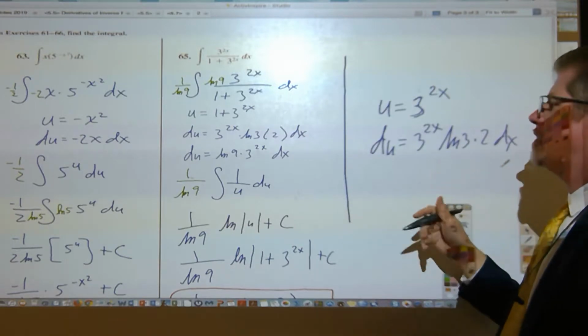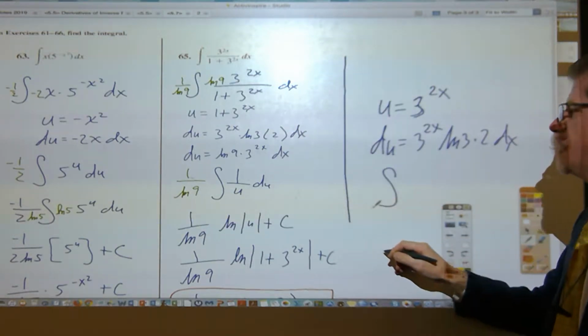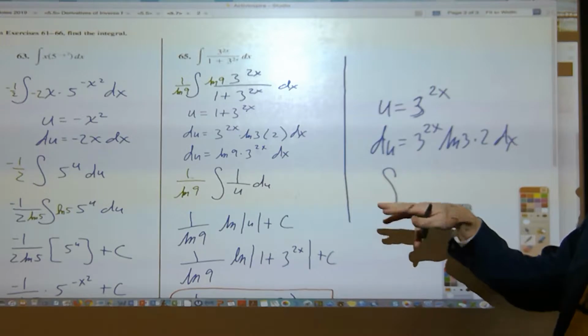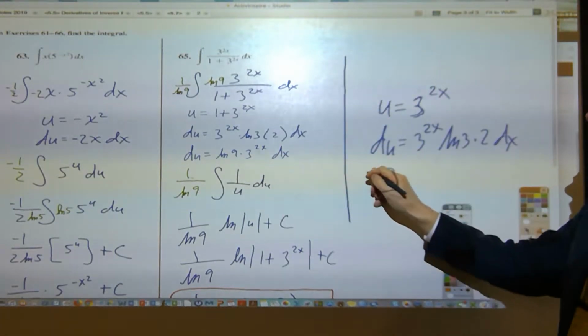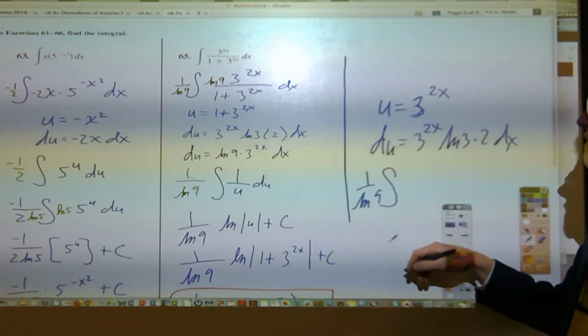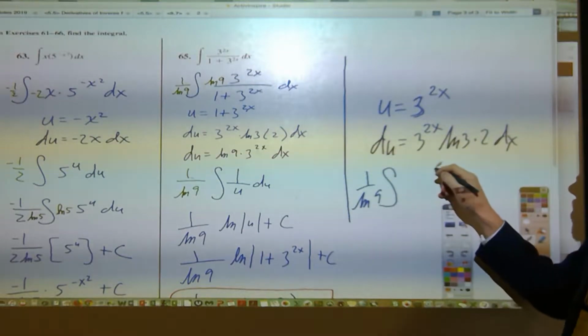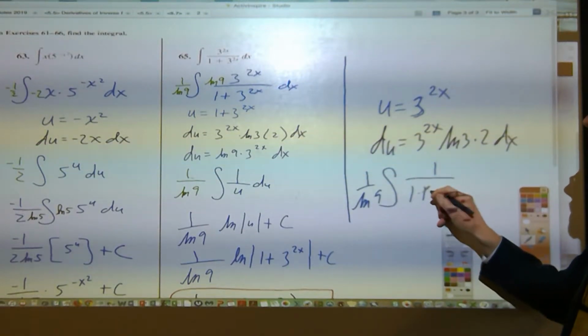Well, that would have given us, having doctored this up with natural log 9, 1 over natural log 9 times the antiderivative of 1 over 1 plus u du.